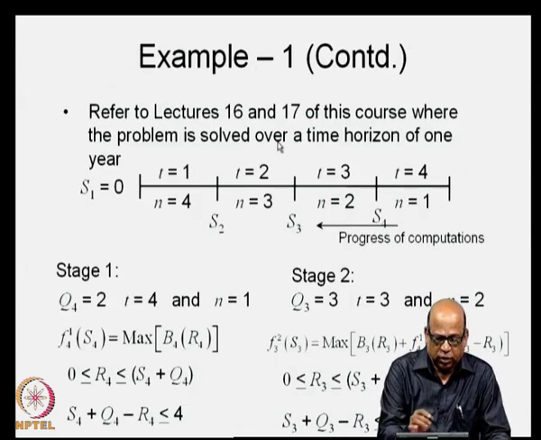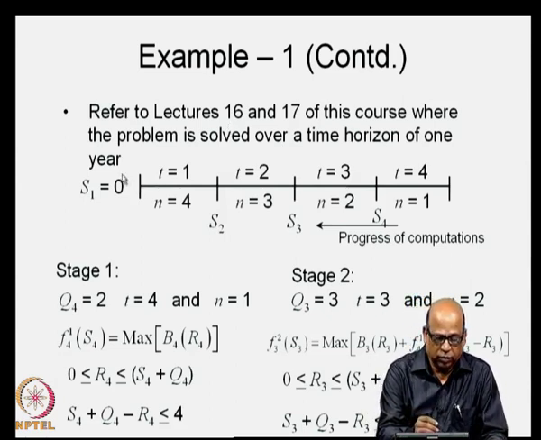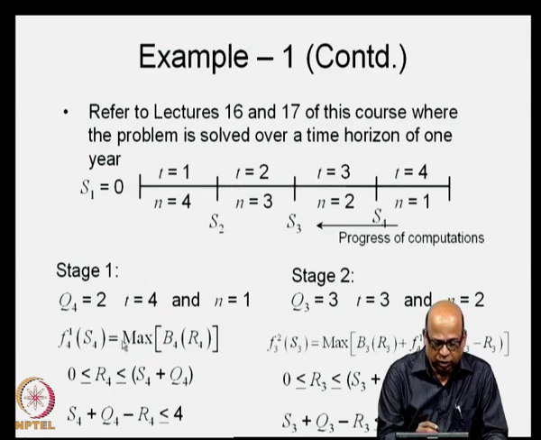What we did in that example, just to recollect, is that we specified the beginning of the time period storage S1 is equal to 0, and then we progressed in the backward direction starting with t is equal to 4. This is the last season in the year, and then we progressed in the backward direction. For example, stage 1, which corresponded to t is equal to 4, and that had a flow of 2.